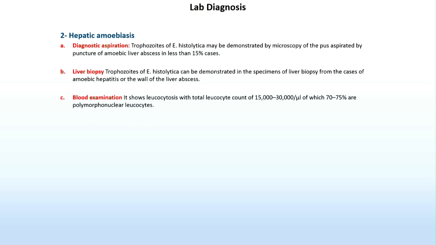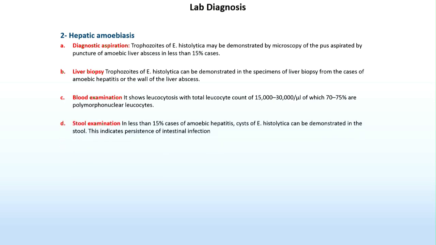Blood examination shows leukocytosis, with a total leukocyte count of 15,000 to 30,000 per microliter, of which 70 to 75% are polymorphonuclear leukocytes. Also, on stool examination in less than 15% of cases of amoebic hepatitis, cysts of Entamoeba histolytica can be demonstrated in stool. This indicates the persistence of intestinal infection.